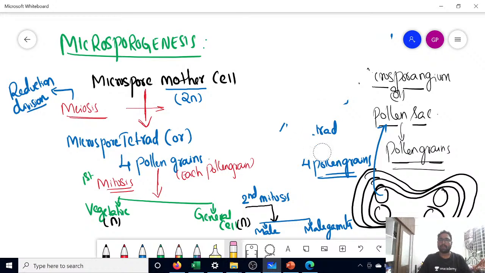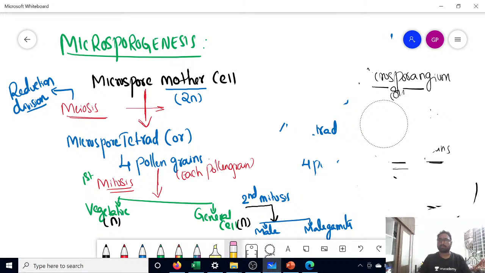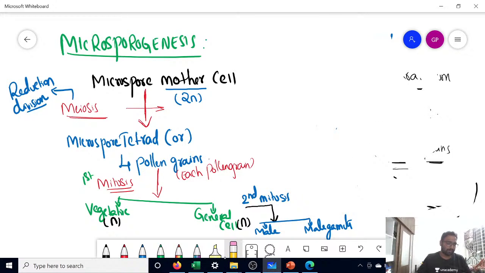What you have to keep in mind, students, is this. Pollen grain and male gametes, can we call them the same? Can we call pollen grain or male gametes the same? Yes or no? Please let me know in your comment box.